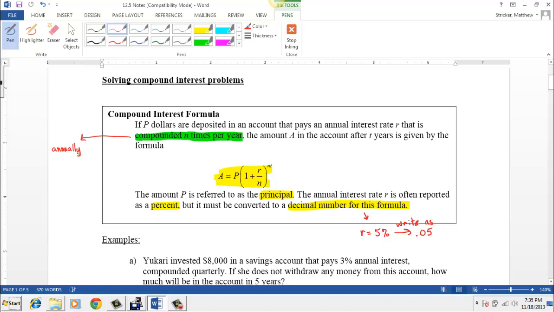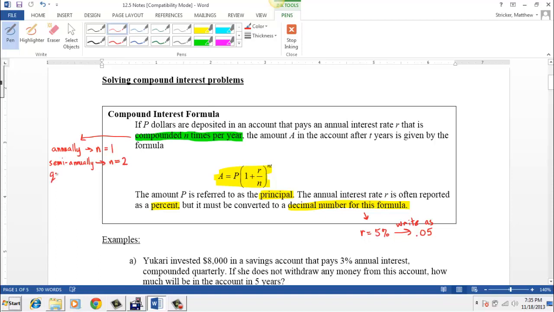If it says compounded annually, then n is equal to 1 because it only compounds once per year. If it says semi-annually, then that's twice per year, so n equals 2.